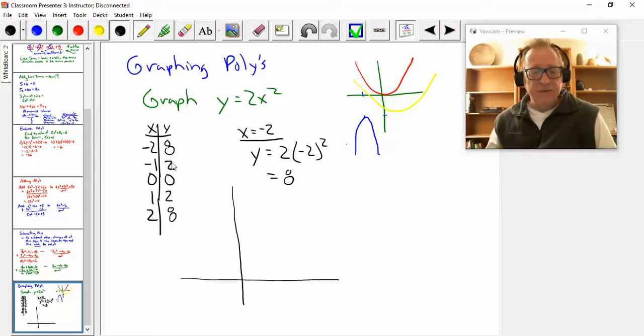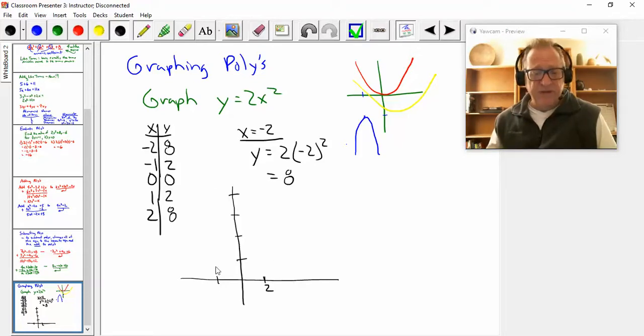How high up do I have to go? 8, 2, 4, 6, 8. Pretty horrible straight line. 2 and -2. All right, let's plot our points. -2, 8.